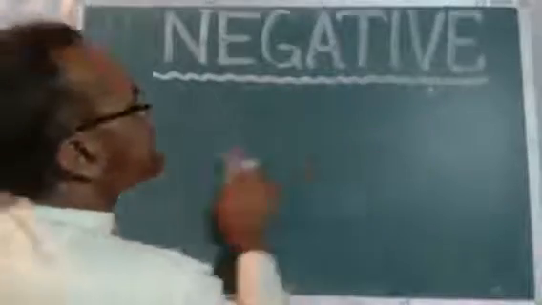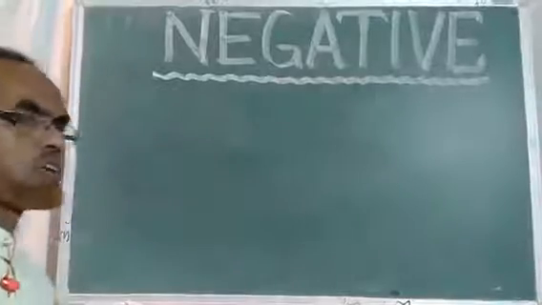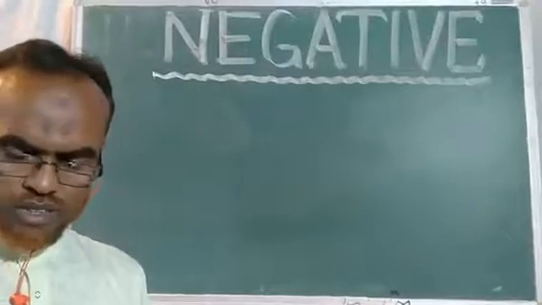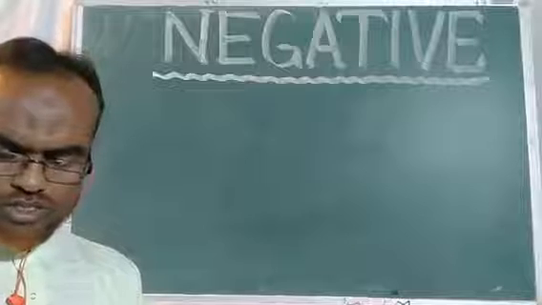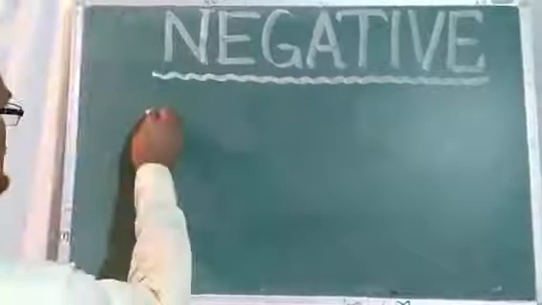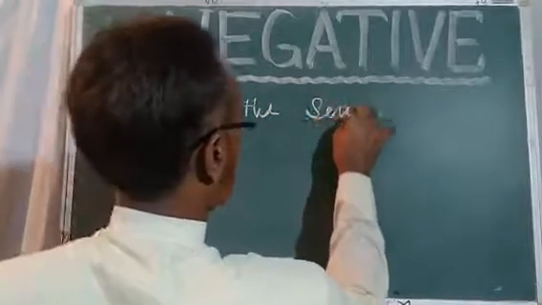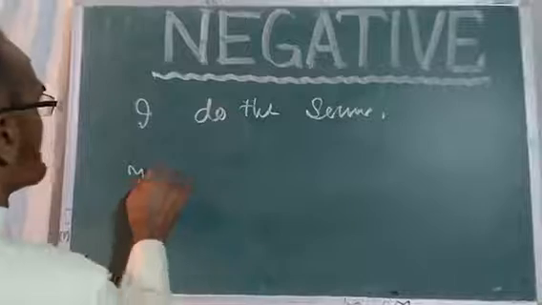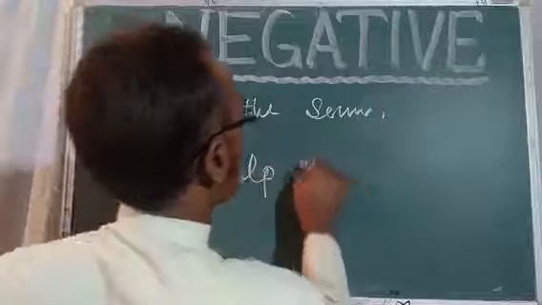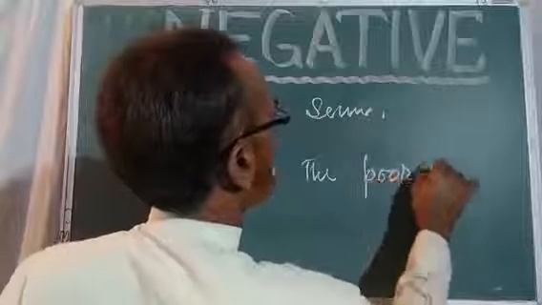We can find some sentences in which we do not find auxiliaries. How can we then turn those sentences into negative? Like, I do the sum. You help the poor boy.